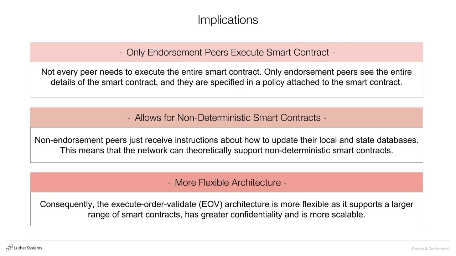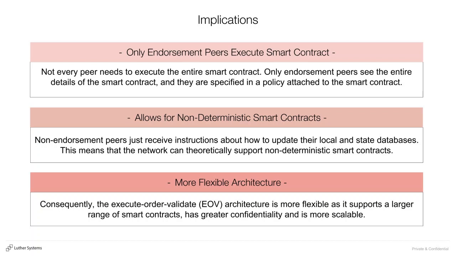So he can then take that transaction, submit it to the ordering service, and then the ordering service creates a new block, distributes the block to all the peers. Then all the peers just apply that update with that one random number. And that's an example of how an execute-order-validate architecture allows you to run, in some cases, non-deterministic smart contracts.